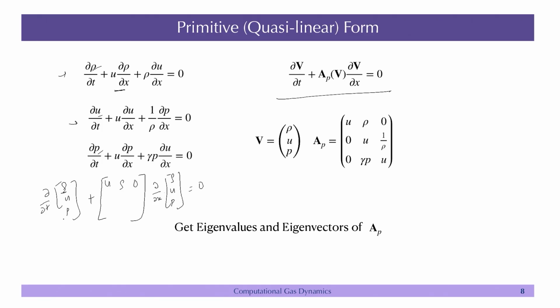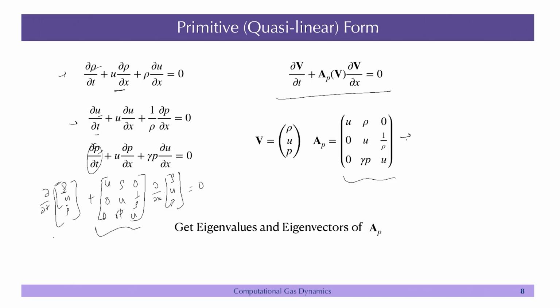Similarly, look at this term: the first term is through this time derivative, and then you have u del u by del x. There is nothing with respect to rho, so this goes to 0, and this is u del u by del x, and then this is 1 by rho, right. And then similarly, you can have the p. So, this term will go here, and this is u del p by del x. So, the u will come here, and del u by del x has gamma p, and this will be 0, right. Now, you have this matrix, and what we want to do is find the eigenvalues and eigenvectors of this A_P.